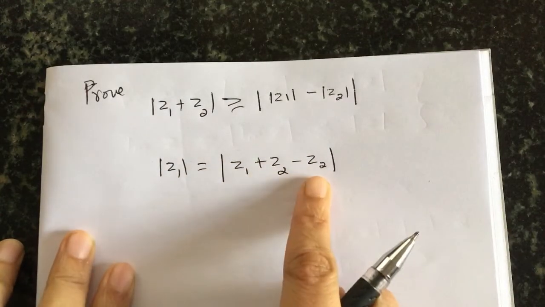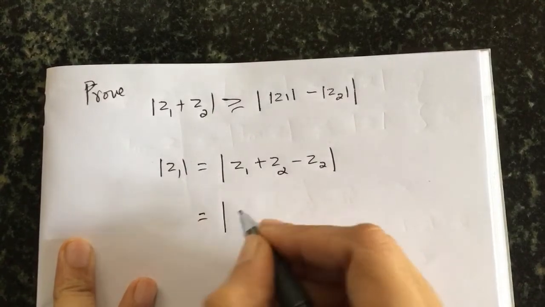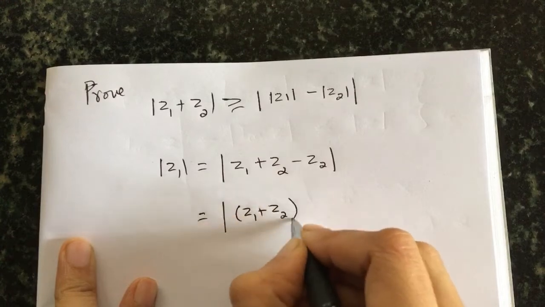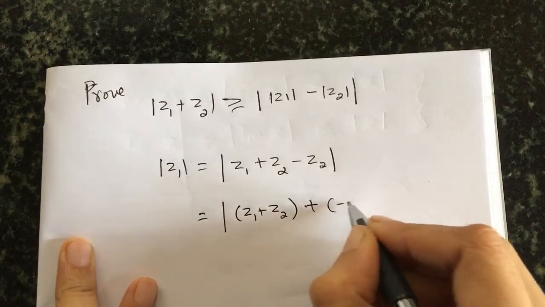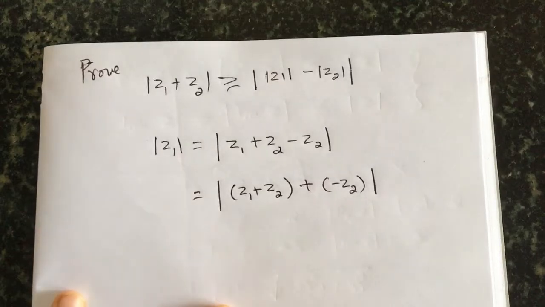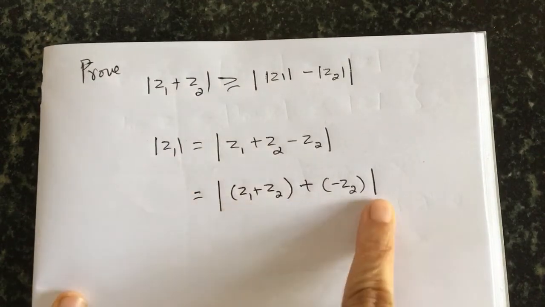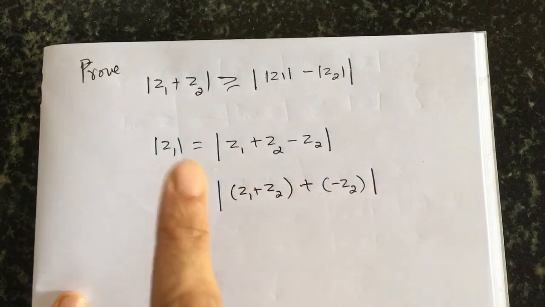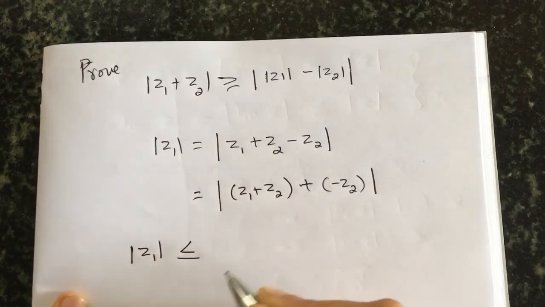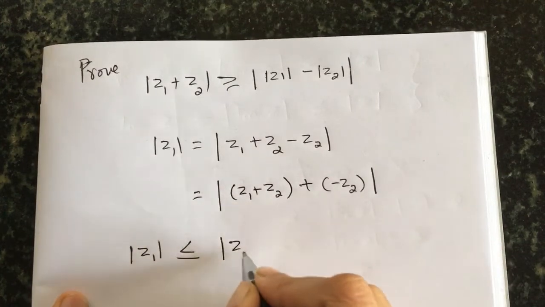I'm just adding and subtracting. Now I'll just rearrange this as z1 plus z2 plus minus z2. Now say mod z1 is equal to this.